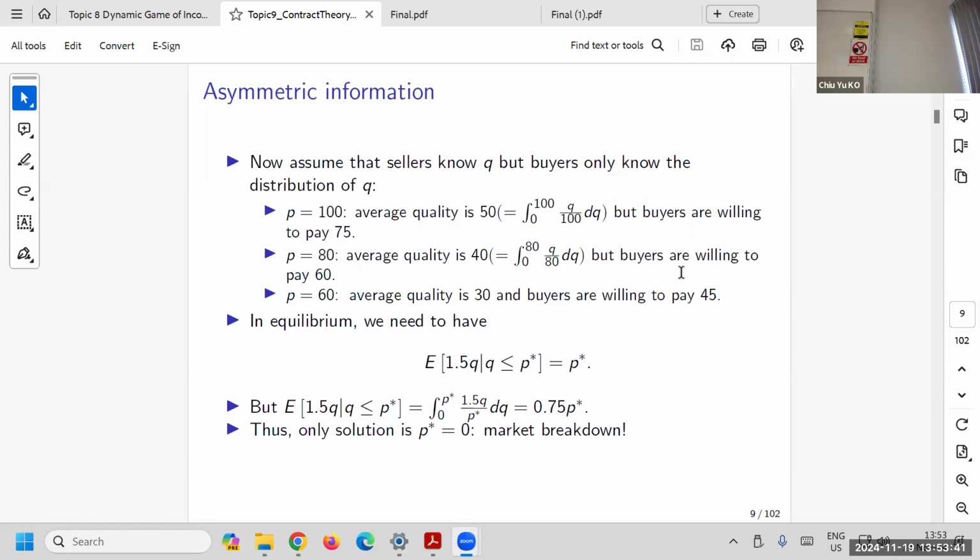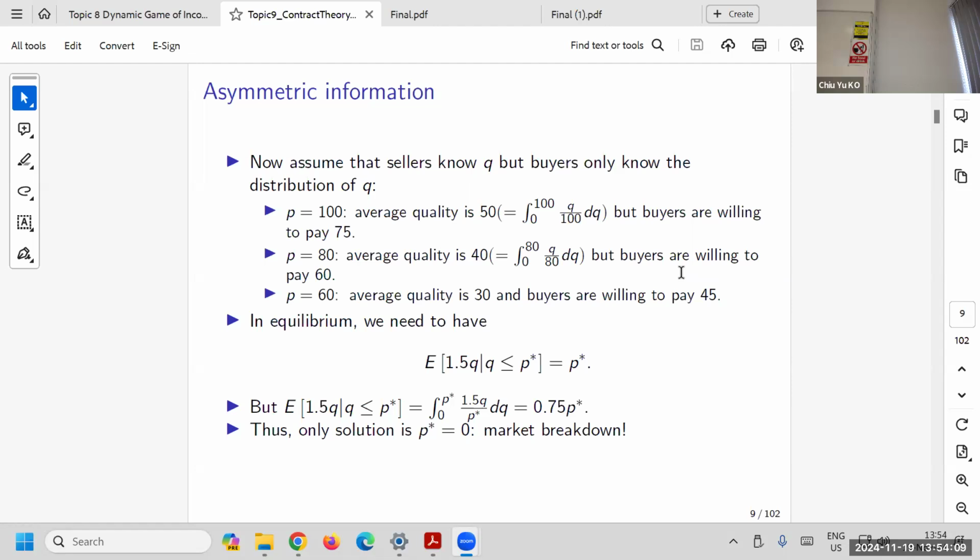Then everyone wants to sell their car, so the quality in the market will be 0 to 100, and the average quality is 50. That means people are willing to pay 75, because of 1.5 Q. So if your car has quality of more than 75, you are not in the market, which means this is not possible.